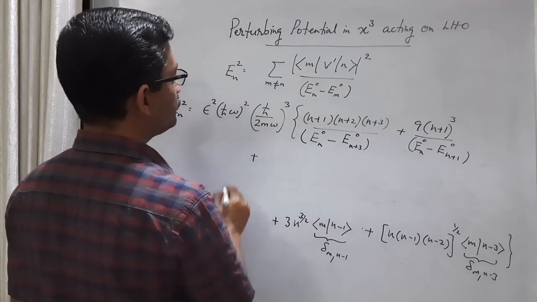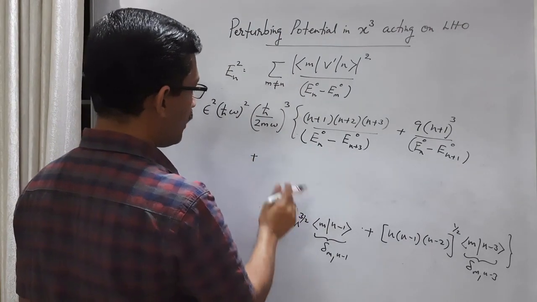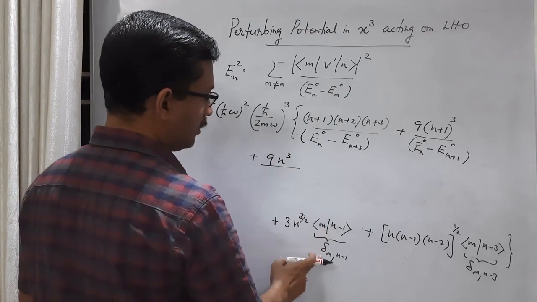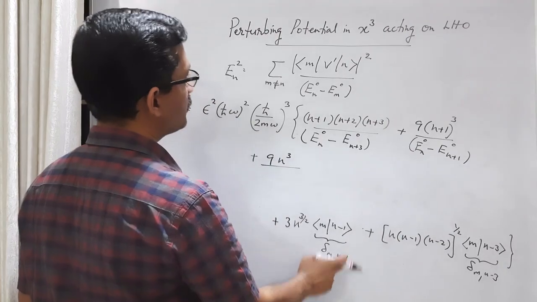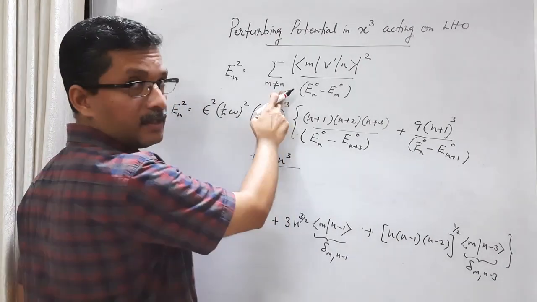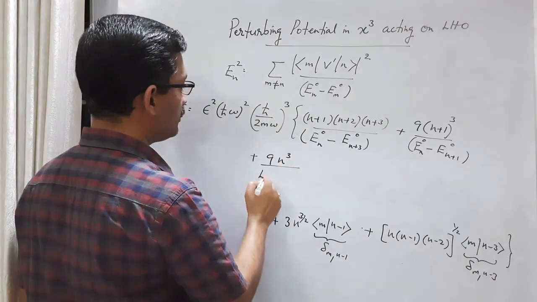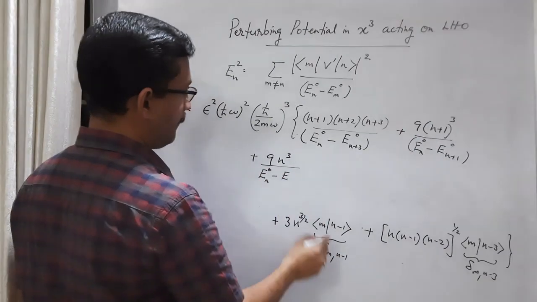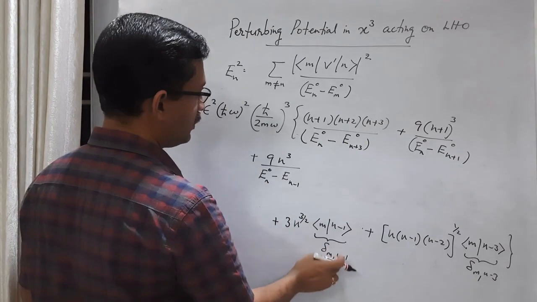So plus, the next term is this: square means 9n cube divided by E_n^0 minus E_m^0, where m should be equal to n minus 1 in that summation. So the denominator will be E_n^0 minus E_{n-1}^0.